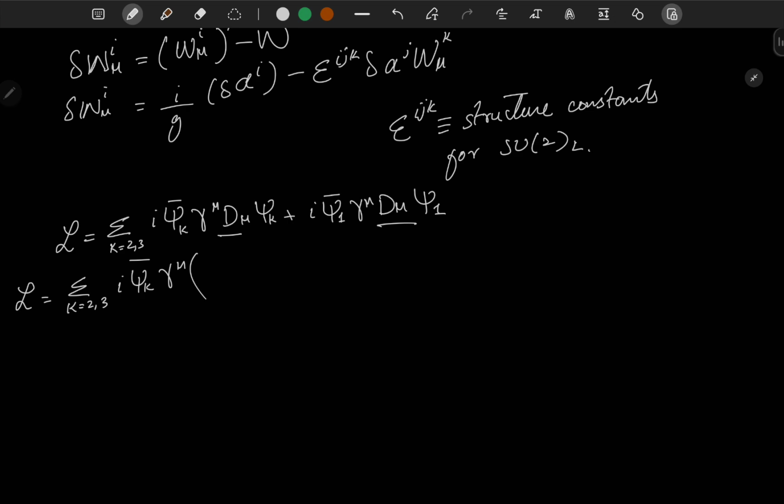Okay, so for psi k we had d mu of the same kind as we had in case of QED, with b mu auxiliary field, and for the psi1 field we have a covariant derivative of the form same as we found in case of QCD.